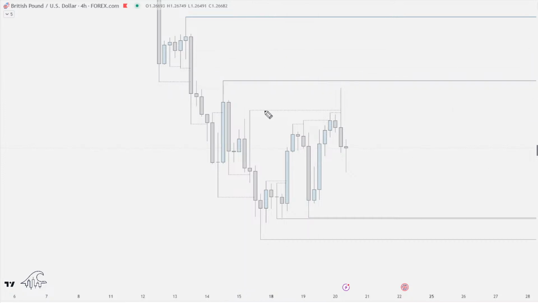So we were calling for these to be swept out, right? As well as this high. And you can see that if you're a VIP, you would have seen that in the VIP channel, which is right here.